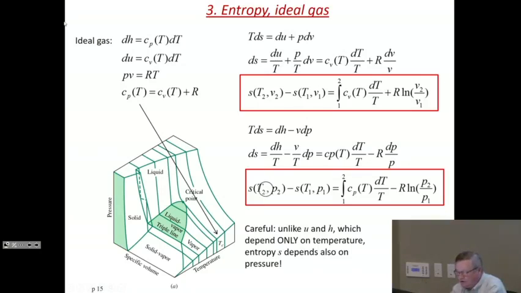Integrated, your change in entropy between state 2 and state 1 is the integral of Cp dT over T, which is the temperature part, but there is a pressure-dependent part because you have this log of P2 over P1. So careful, unlike U and H, which depend only on temperature, entropy depends on pressure.